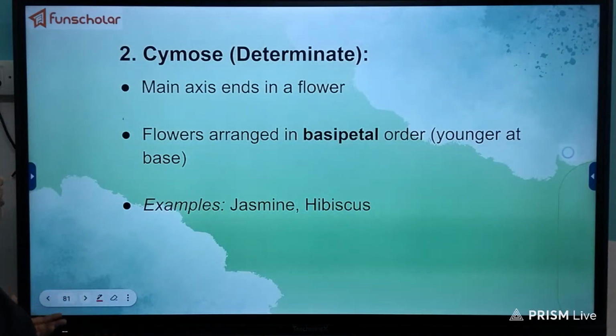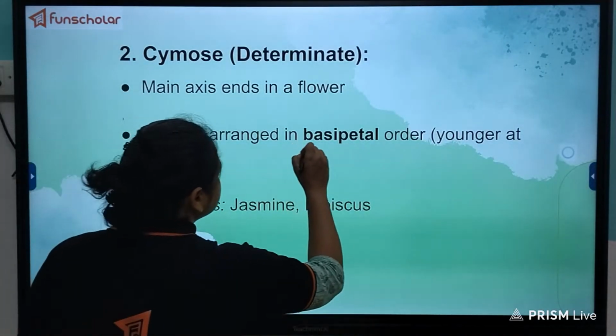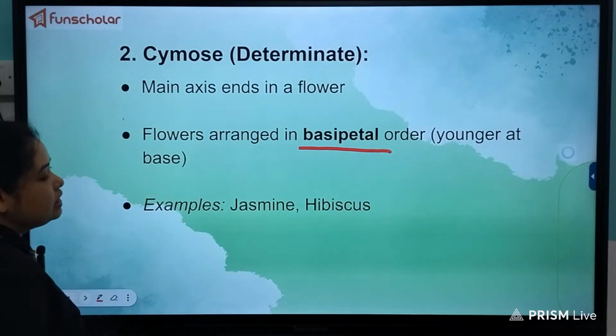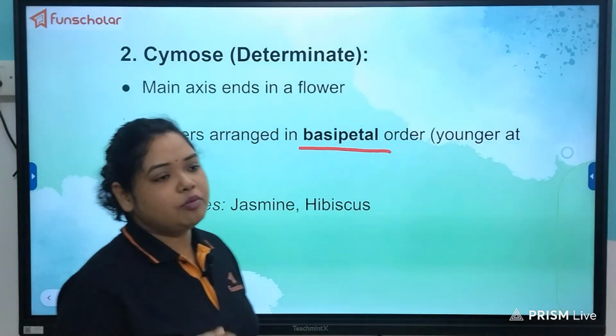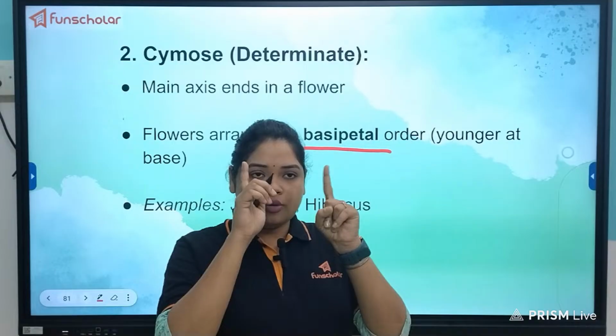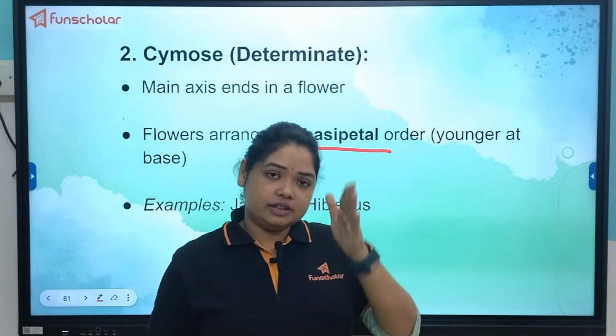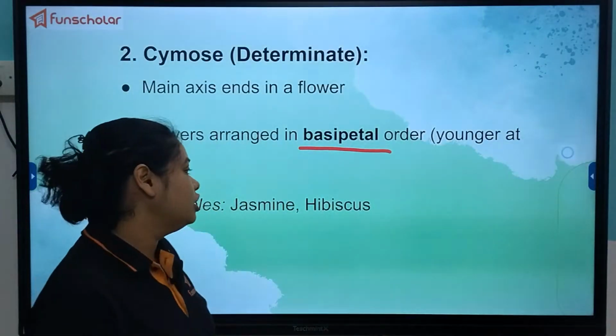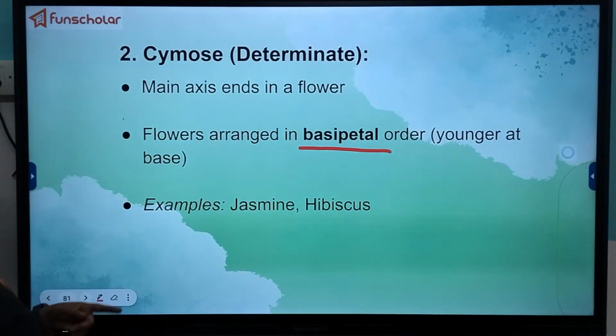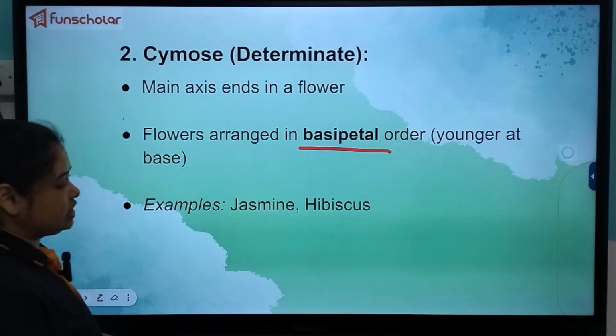Here the flowers are arranged in basipetal order, meaning the flowers will not keep on growing. From the top to the bottom, it grows to a definite length of the floral stalk. Examples include jasmine and hibiscus.